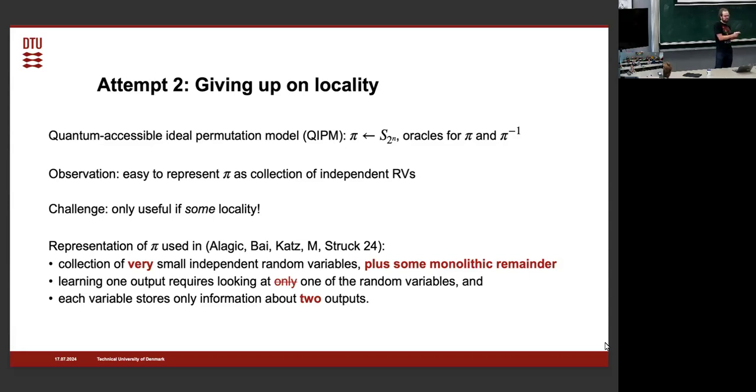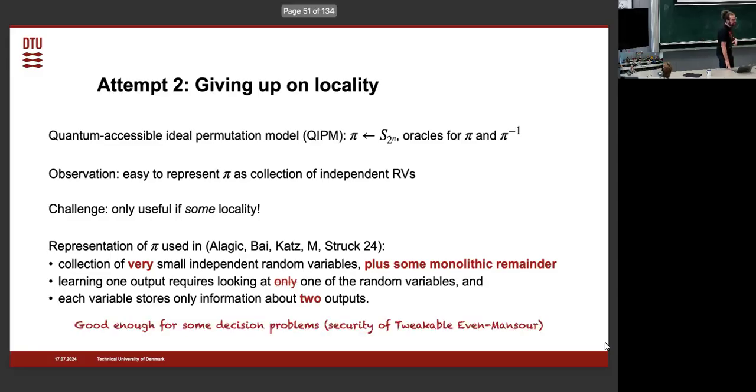So each variable only concerns 2 outputs, but actually they don't fully specify the permutation. There's also some monolithic remainder, some mess that we gave up on utilizing for the technique. And this was fine for decision problems, but for search problems, it's not good enough. Yeah, so we were basically able to prove security of a construction that's called tweakable Even-Mansour with exactly such an approach.